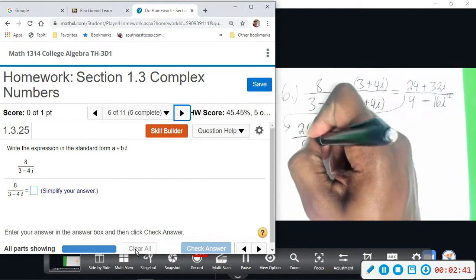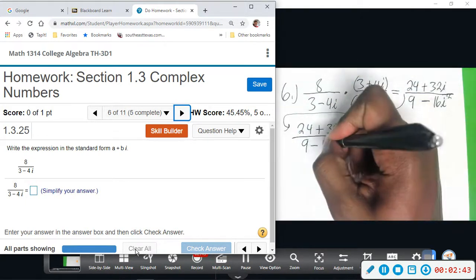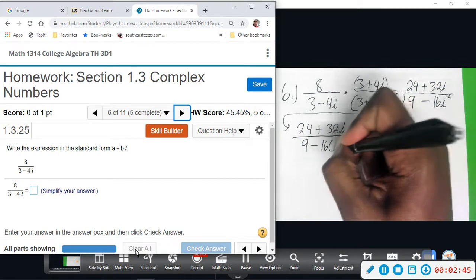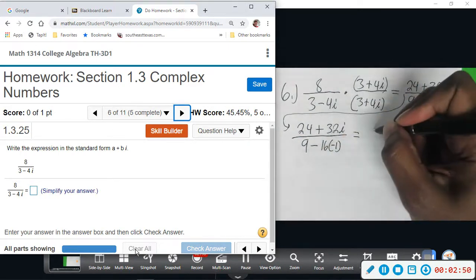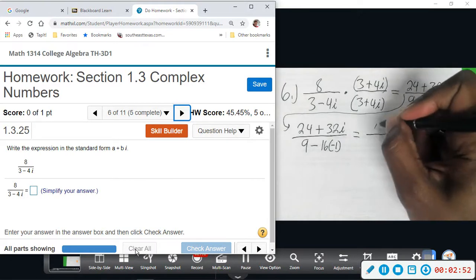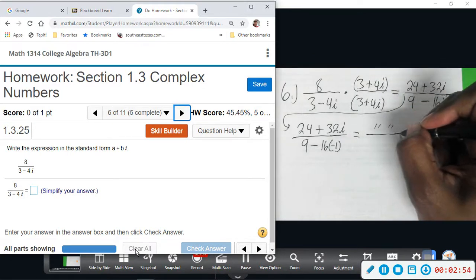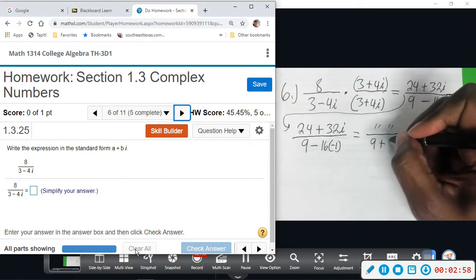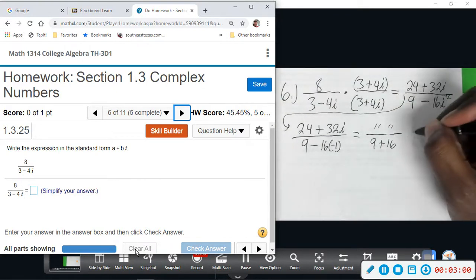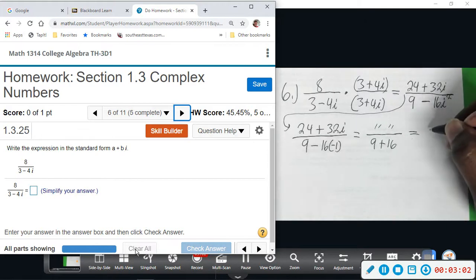So we have 9 minus 16 times -1, which will give us 9 plus 16, which at the end of the day gives me 24 plus 32i over 25.